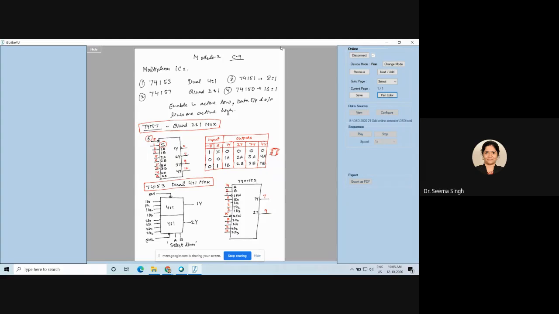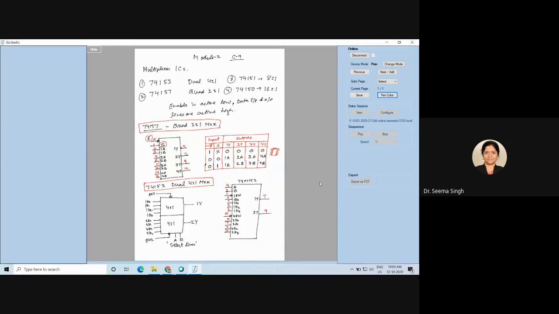Now the question comes for the truth table. All of you make a note of this fast, so that I can go on to the truth table for this. Now you should tell me how many inputs and how many outputs I should show for this IC. How many control inputs will be there?